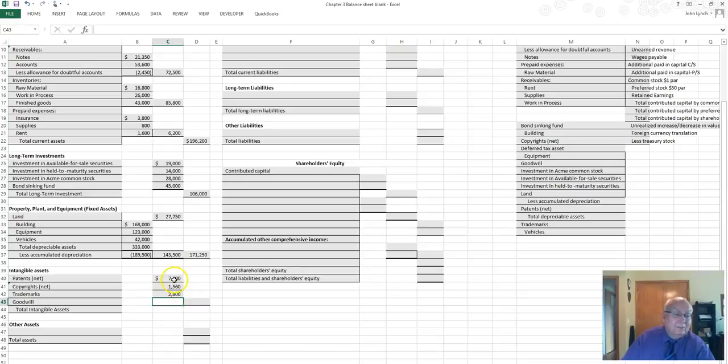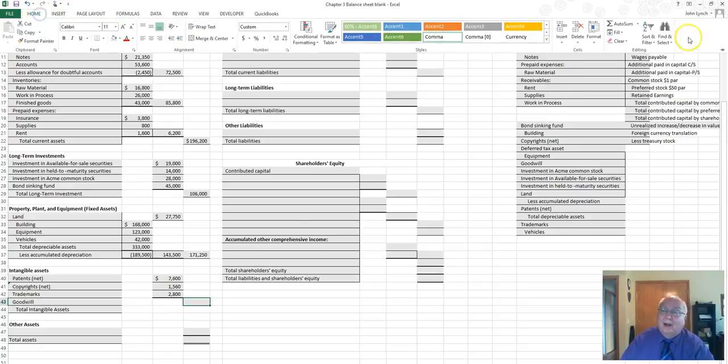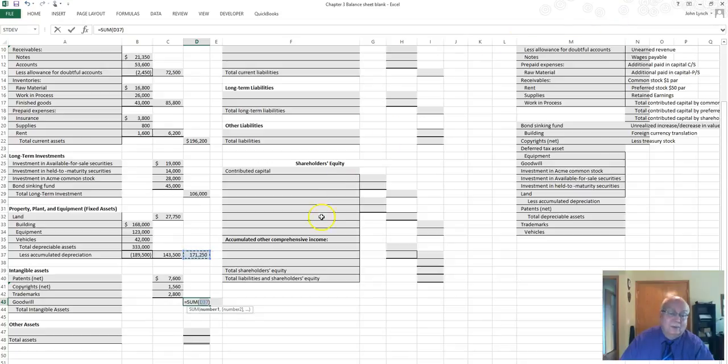And I just realized something. I don't have any value down for goodwill. Yeah. So what I'm going to do is make this one 4,600 and make this 3,000.